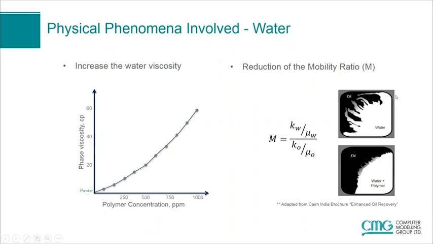And then the plots on the right side show what your sweep efficiency may look like, maybe with a medium heavy oil where you get a lot of water viscous fingering. And then on the bottom is what it might look like after you add polymer. Your flood front is much more uniform and much more improved.